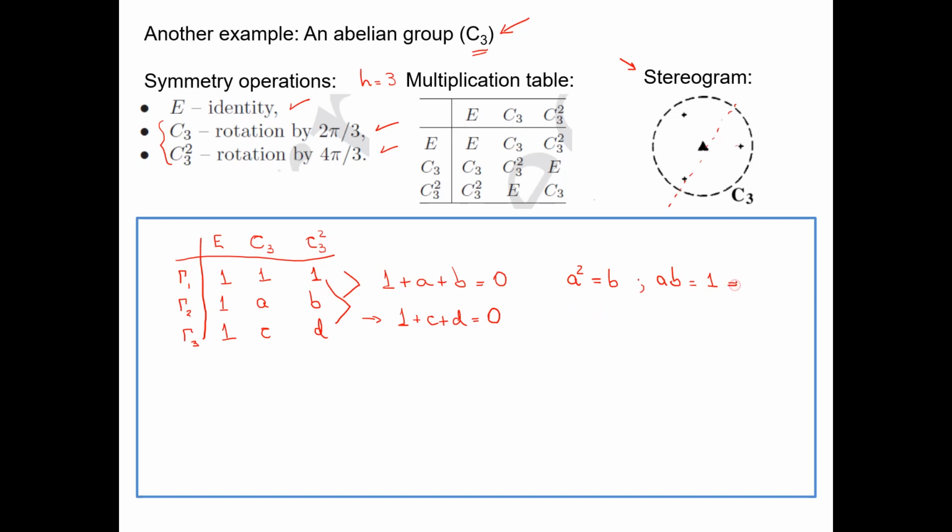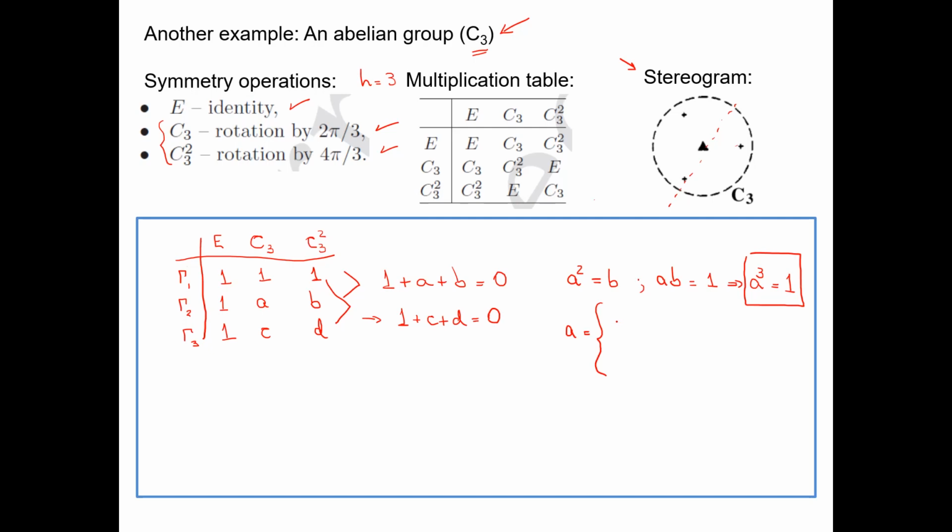I get A to the cube is equal to 1. So in principle, I could have 3 solutions for this equation, right?